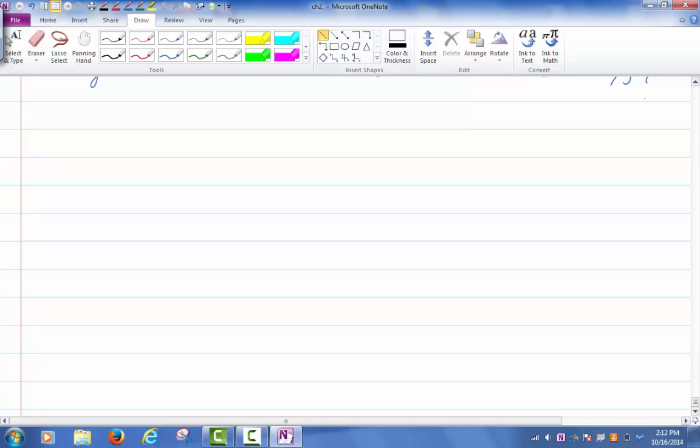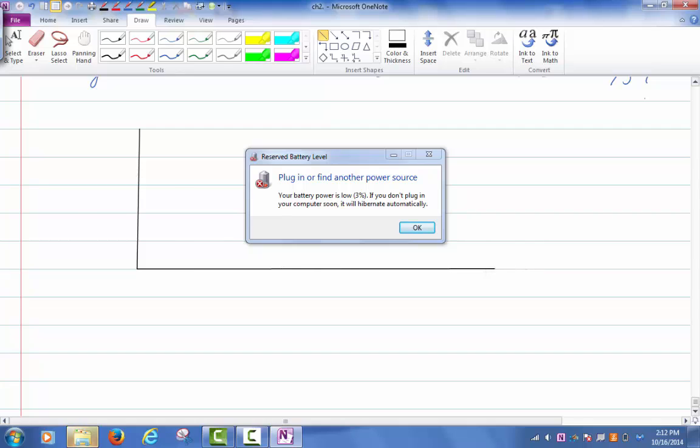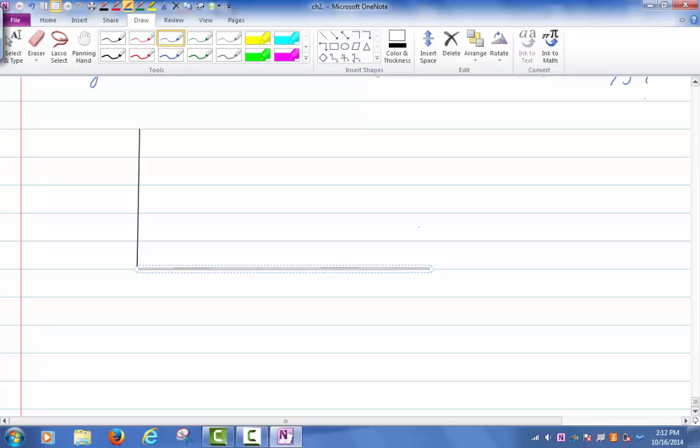So we have a launch location, let's say right here, and let's say this is the ground. Somewhere on the ground you have the observer.